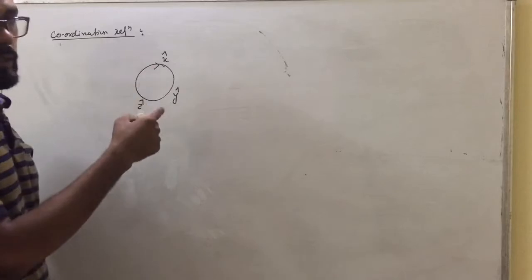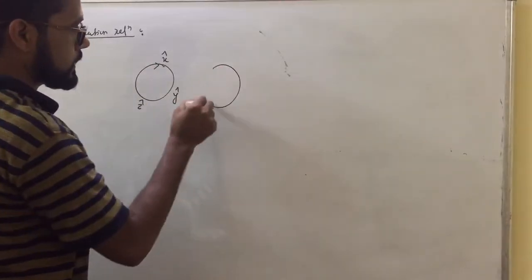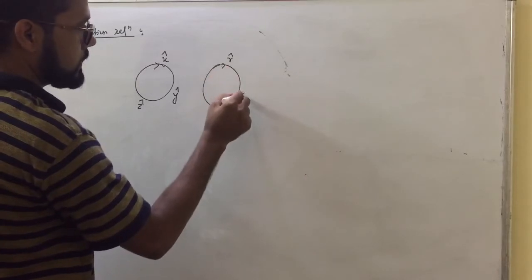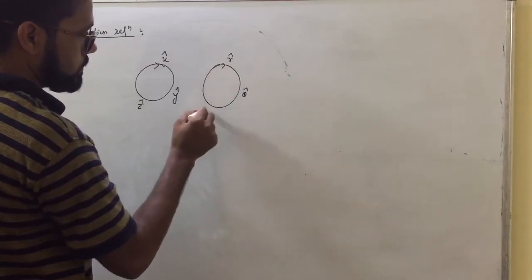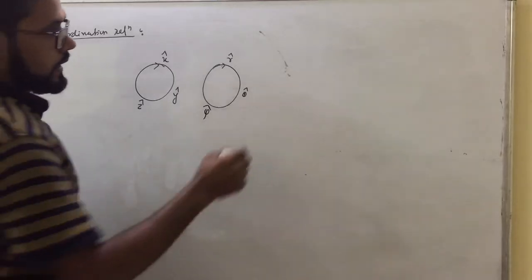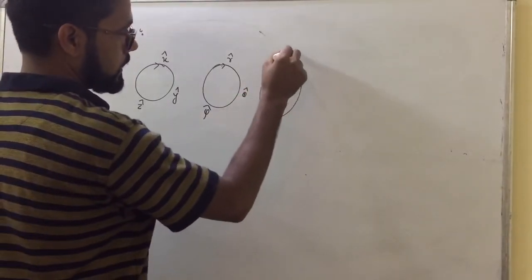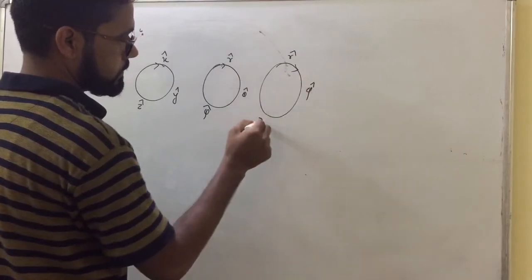This is the spherical coordinate system: r cap, theta cap, phi cap. And this is the cylindrical coordinate system: r cap, phi cap, z cap.